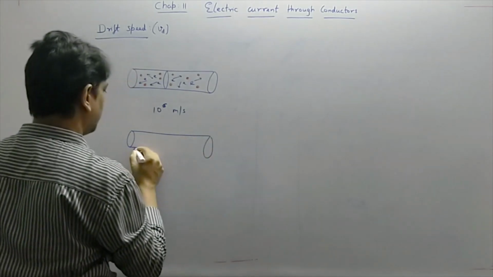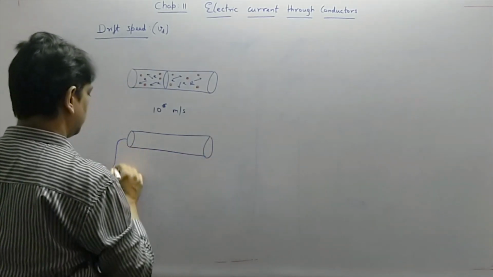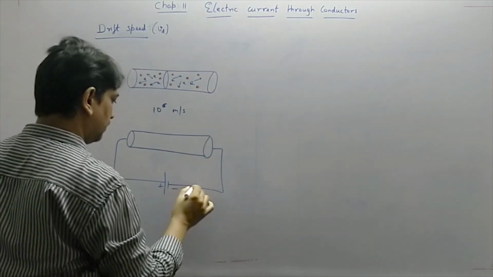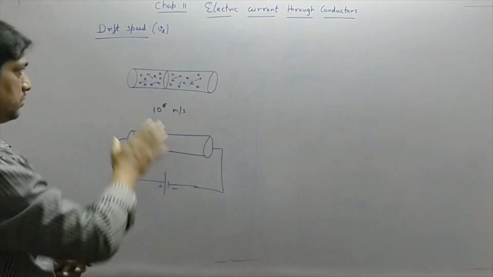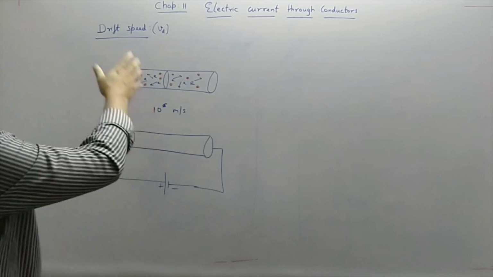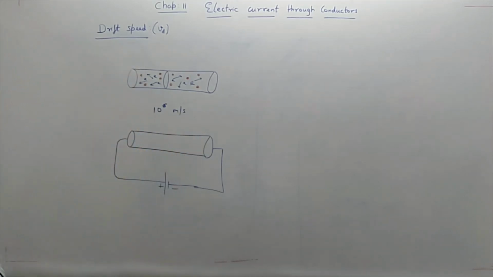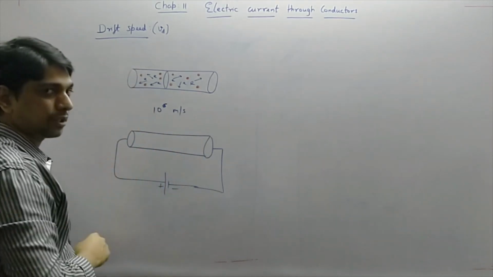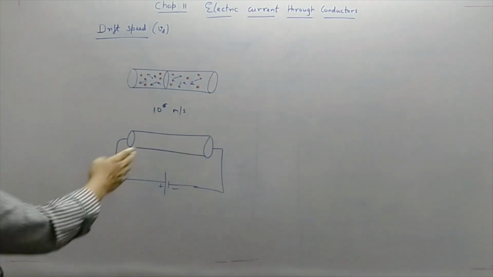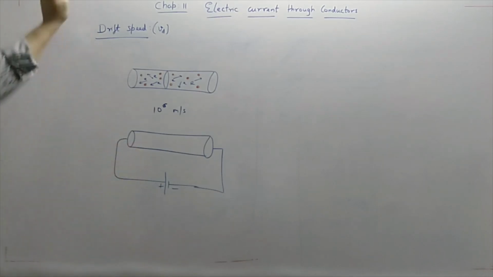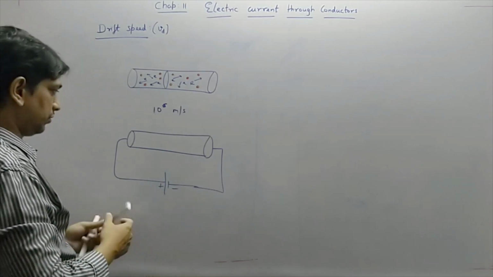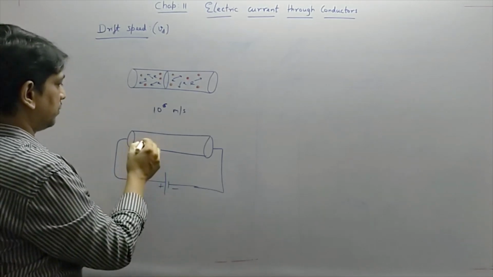When an electric field is applied to the conductor, with the help of a battery or cell, all the electrons which were moving in all possible directions will start moving in the same direction due to the electric field, from lower potential to higher potential, that is from negative to positive. So there will be drift in the motion of the electrons.